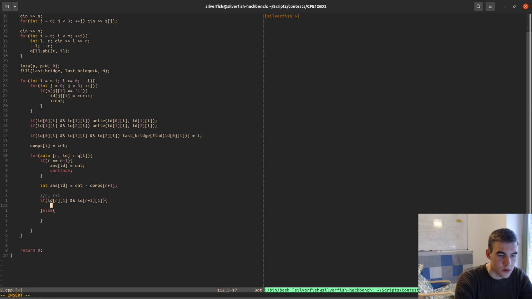There's a crossing, then there's no crossing in the middle. Bool top equals 0, bot equals 0. And then id r 0 and id r 0.